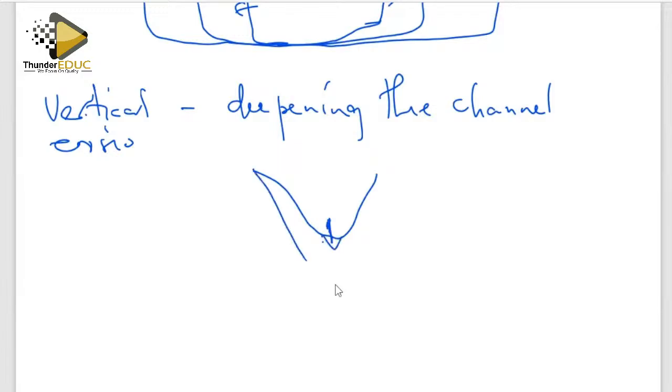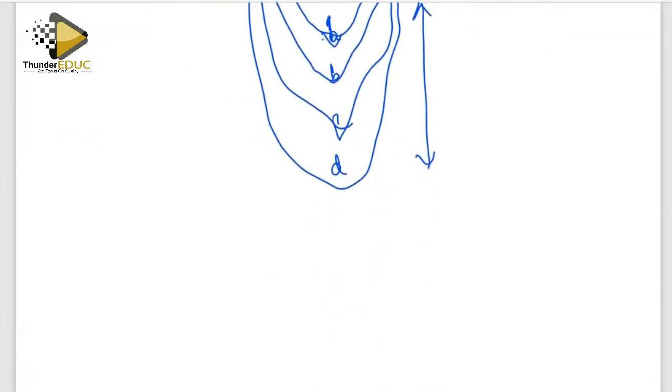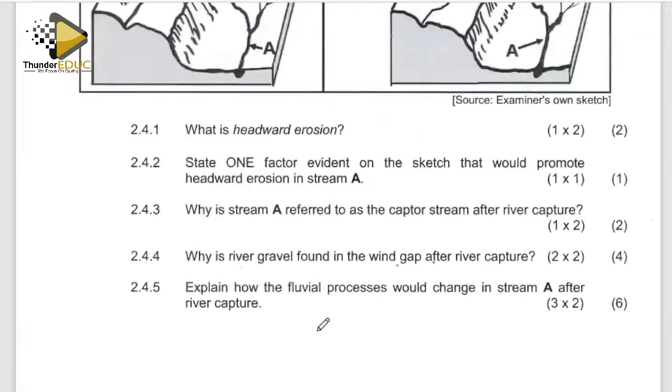Maybe the next season, the river is now there, next season there, next season there. You see, it was here at A, it went to B, it's now at C, now it's at D. The river is becoming increasingly deeper and deeper. That is vertical erosion. Right, that was just an explanation of the other types of erosion. Right, moving on to the next question.